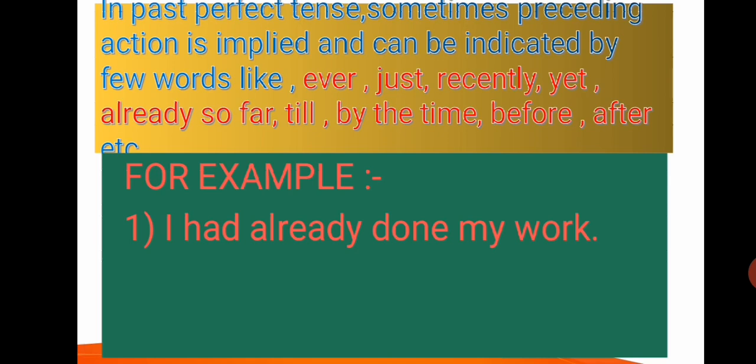See an example. I had already done my work. Now, the word already is denoting a preceding action, and the preceding action is that work which is done. So, we can use these words to indicate the preceding action and understand which action is actually taking place first.